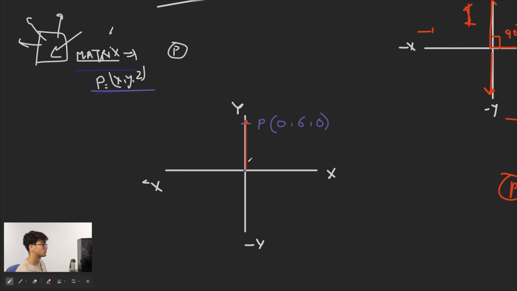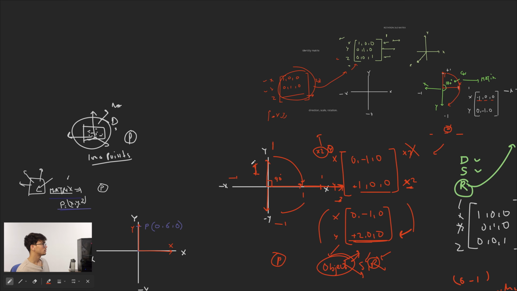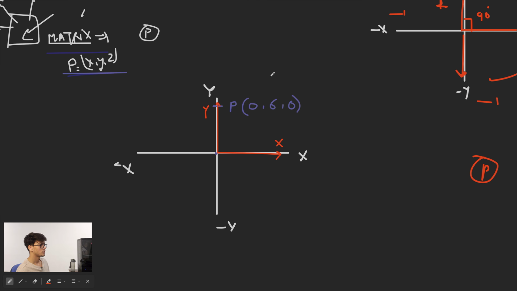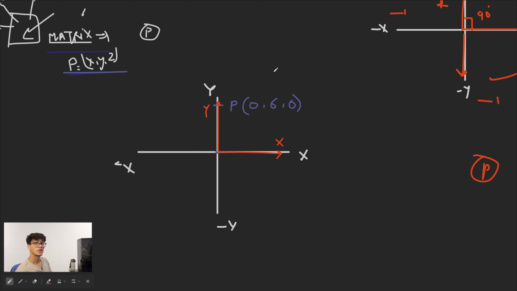It's just a way to visualize. Okay, we have this. This is our object x and y. It is facing, what's the word, identity. It's similar to the world matrix, so it's the identity matrix here.